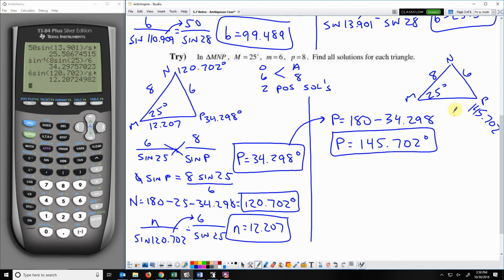So in the second solution set, I've already found the possibility for angle P. So now for angle N, 180 minus angle M minus angle P. Okay, so when I do that subtraction, I find that angle N is 9.248 degrees.